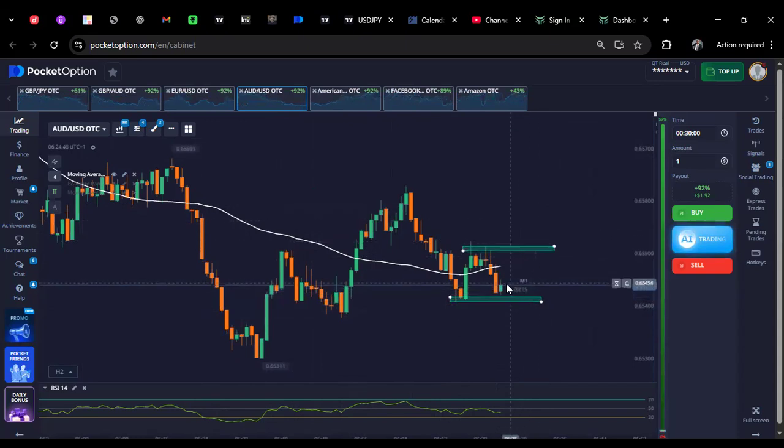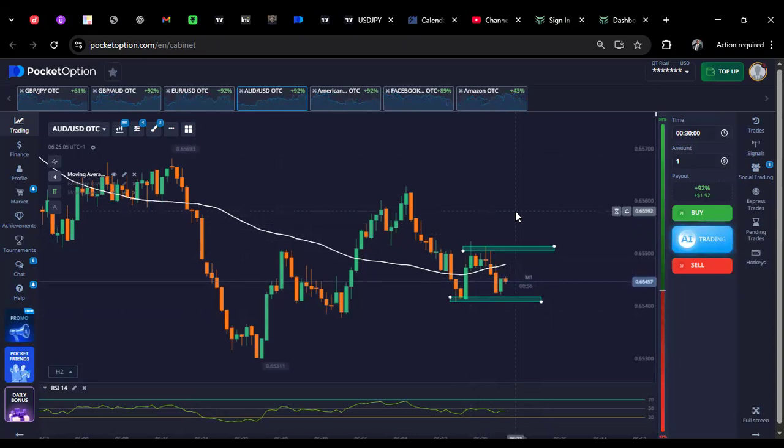All right, so what am I expecting here? A break, so at least a retest here to target this point. This is my short-term target if the market gives me a confirmation to go in for a buy, right? These are the things I'm looking at.